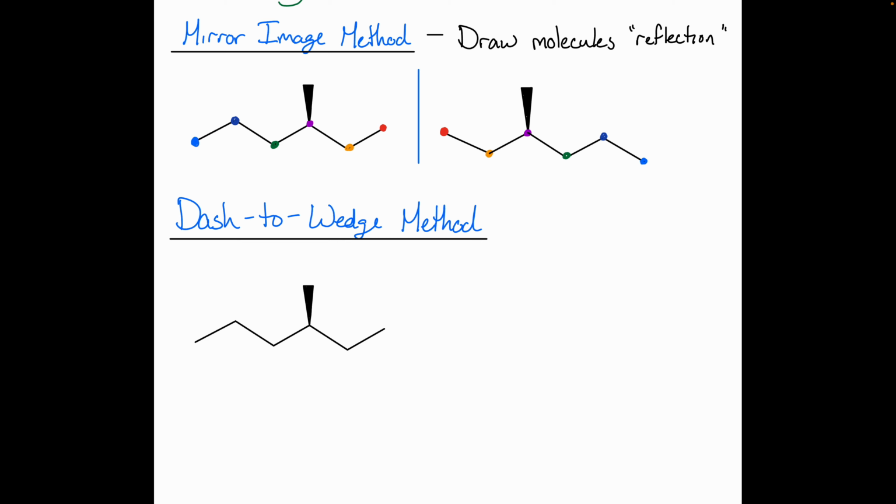Or vice versa, if I have a dashed bond on there, I would flip it to a wedged bond. All right, so here I could get my molecule's enantiomer by changing that wedge to a dash. These are now also a pair of enantiomers.